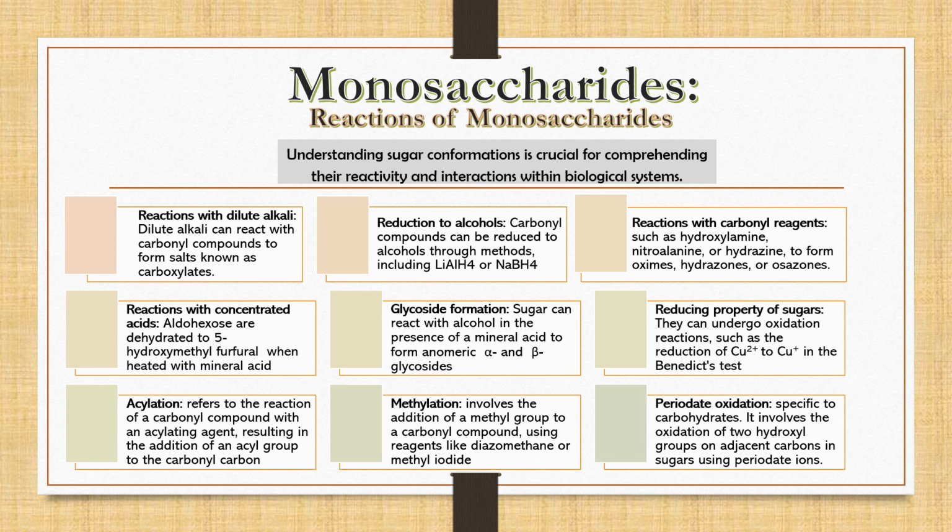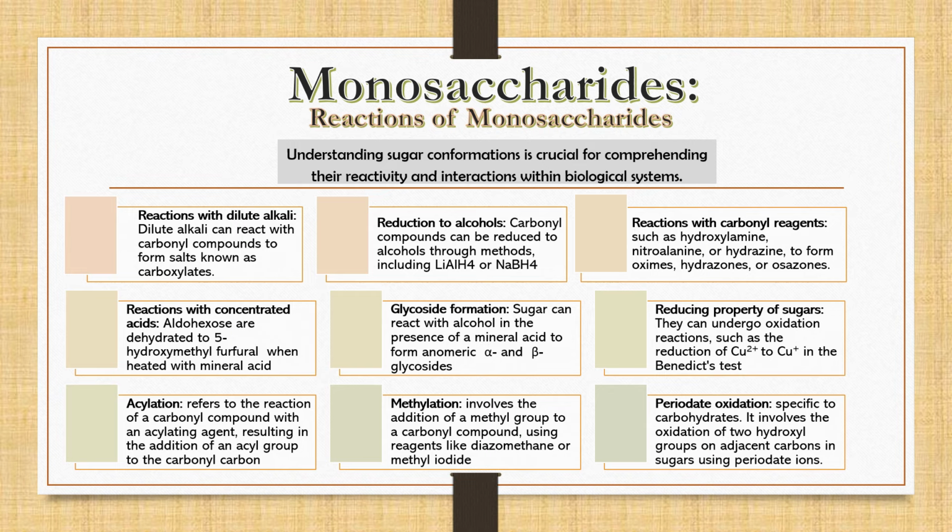Carbonyl compounds can be reduced to alcohols through various methods. One method is the use of reducing agents like lithium aluminum hydride or sodium borohydride. Carbonyl compounds can undergo reactions with other reagents, such as organometallic compounds like Grignard reagents and organolithium reagents.